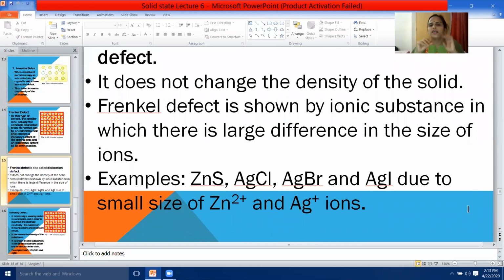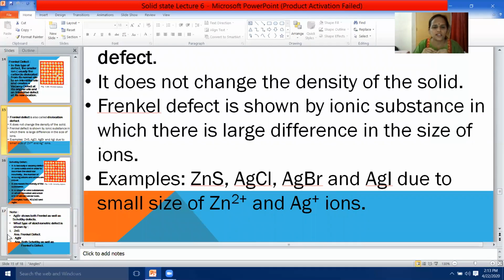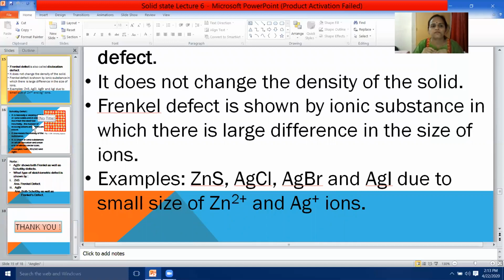Examples of Frenkel defect you have to remember are zinc sulfide, silver chloride, silver bromide and silver iodide: ZnS, AgCl, AgBr and AgI. Due to the small size of zinc and silver ions, they show this type of defect, that is Frenkel defect.